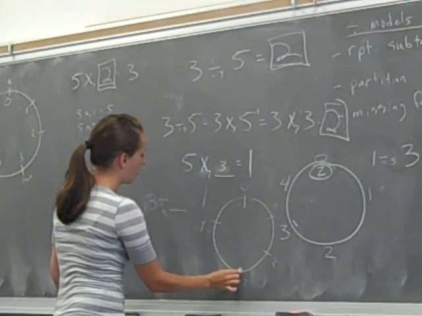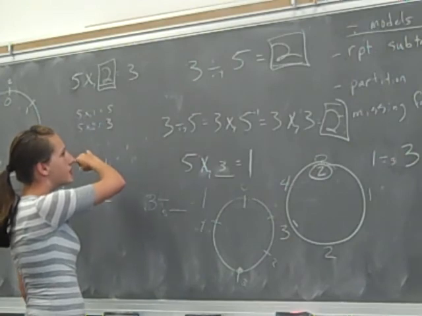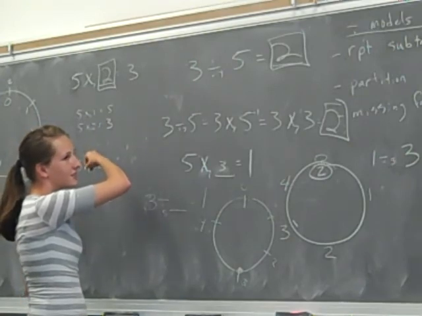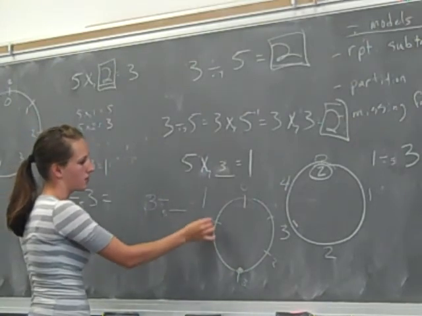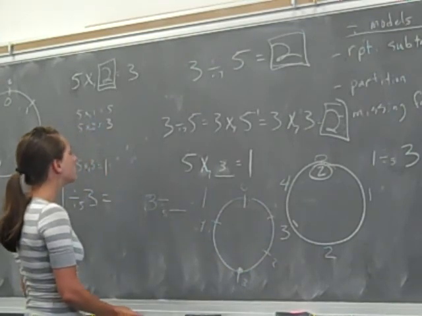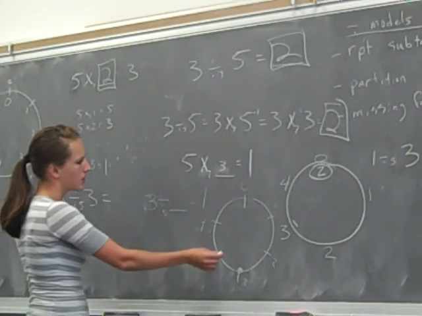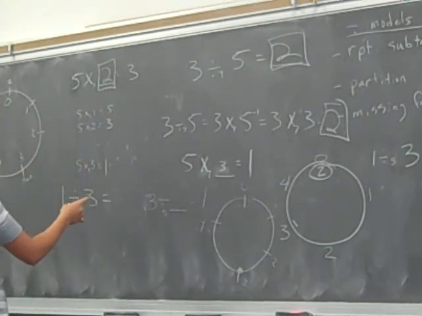Which method are you using? The missing factor? Okay. From the fact family? So where's your equation? Oh, from right? Okay.